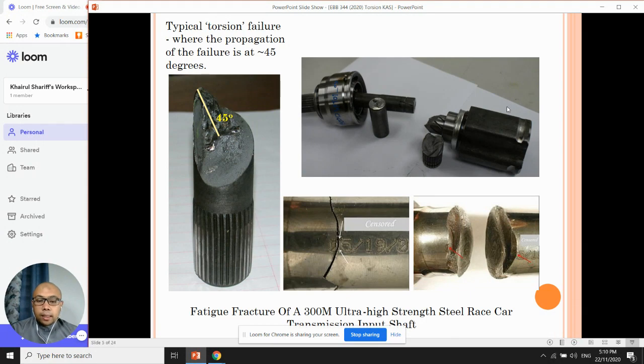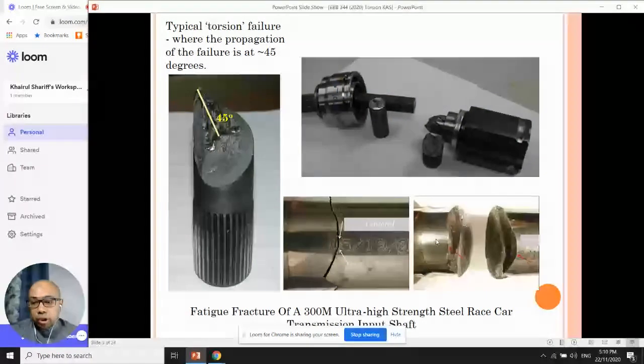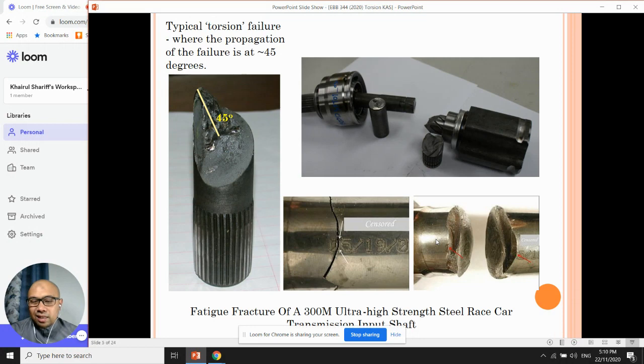Meanwhile, this is the fatigue fracture of the 300 ultra high strength steel race car. Another condition is that when the metal rod sample experiences the torsion condition and exceeds the maximum torsion load, the sample will break into two.